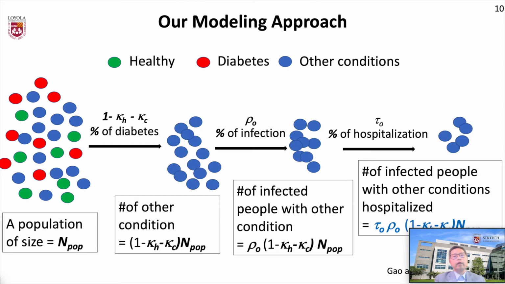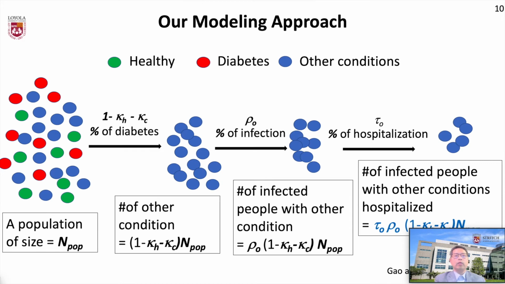The last category we want to infer is the expected number of hospitalized COVID patients who have other types of underlying medical conditions. In this case, instead of introducing another parameter kappa, 1 minus kappa H minus kappa C actually represents the prevalence of people with other types of medical conditions in this general population.